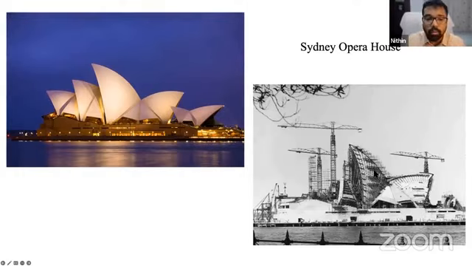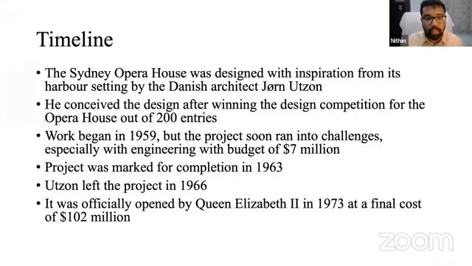So the story of the Sydney Opera House is also interesting. In the 1950s, they wanted to have a monument which would stand out, and they set out a competition. Around 200 entries came in from all over the globe, and one was selected, of Jørn Utzon.